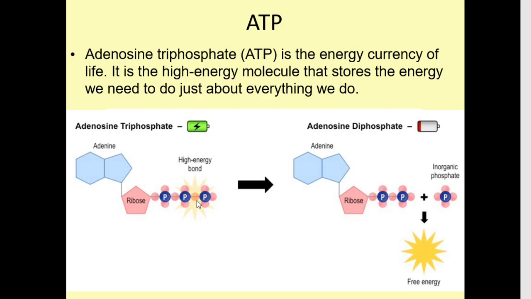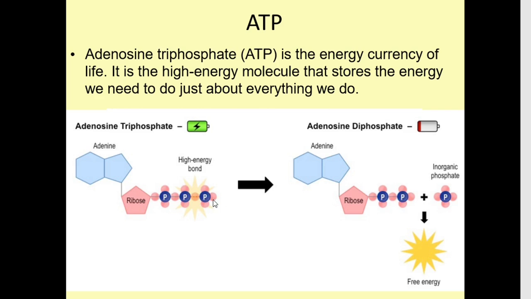What will happen is an ATP molecule will attach to, say for instance, a protein, a channel protein within a plasma membrane, like we saw in active transport in the previous session. And that protein will then act as an enzyme to break apart that covalent bond. As that bond is broken, this third phosphate group will move away.